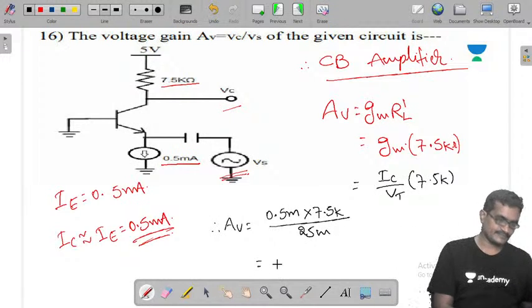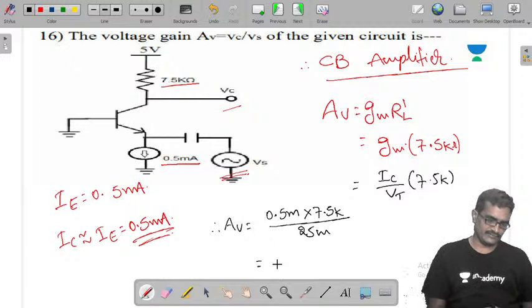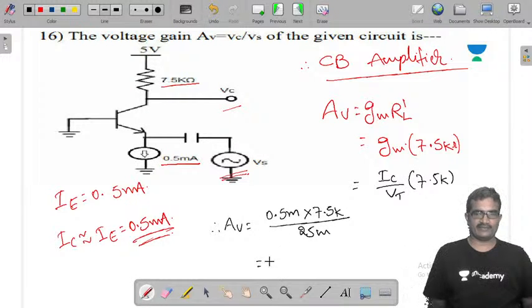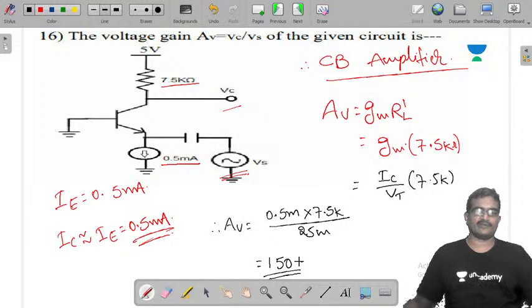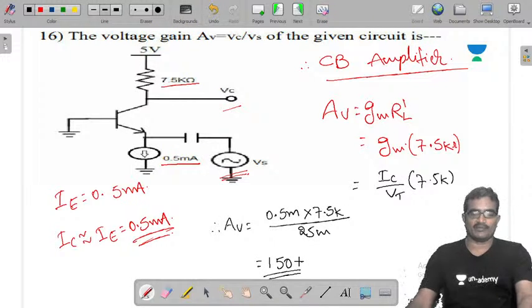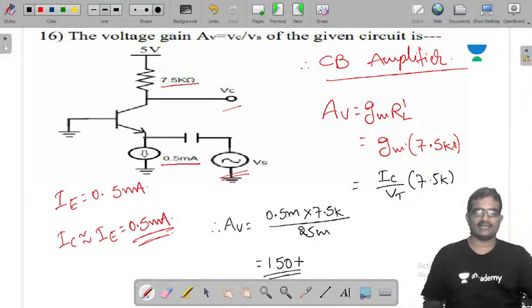So it is 0.5 into 7.5 divided by 25. It is 0.15, so it is 150. So that is the gain of this. See how simple it is. I am just using the approximate model we have, the r pi model. Already we analyzed all these things in r pi analysis.